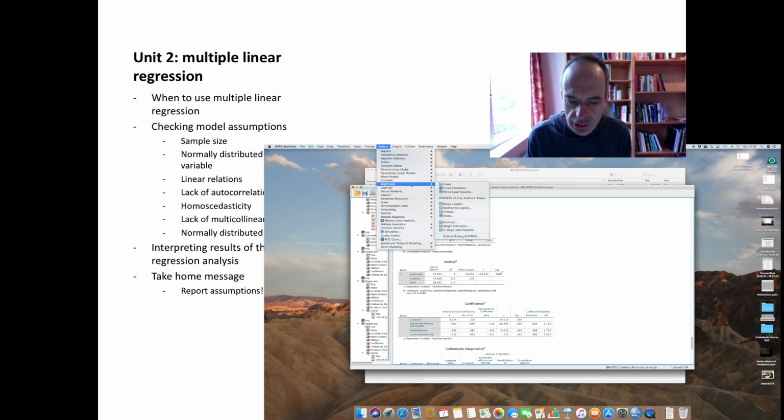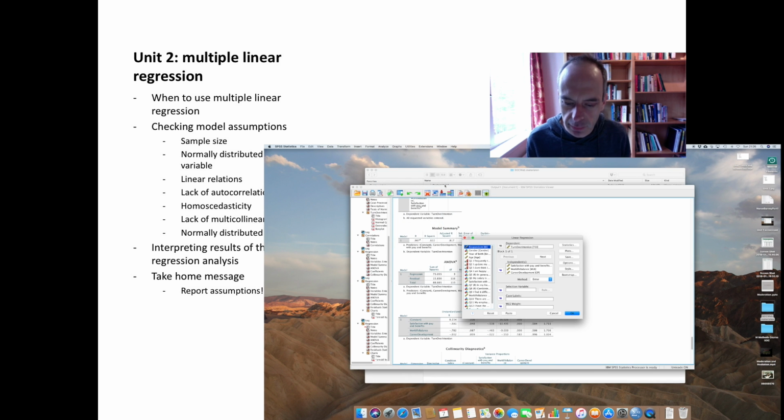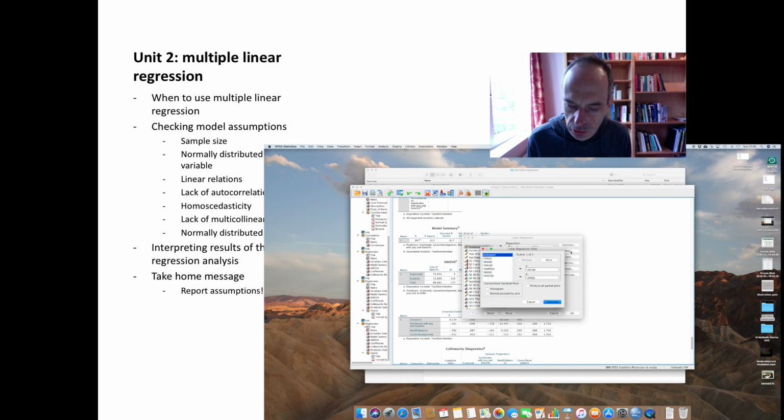So finally, let's check homoscedasticity. The error terms of the predictors should be constant. We can check this again with a plot of, in this case, Z residual on the y-axis and the Z predicted on the x-axis. So Analyze, Regression, Linear, select dependent, independent, and then check the Z residual on the y-axis and the Z predicted on the x-axis.